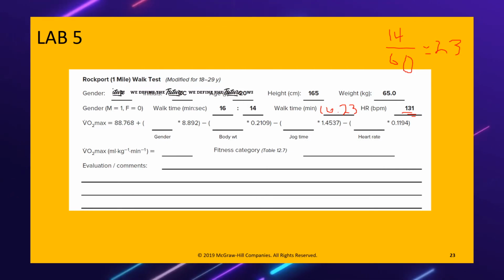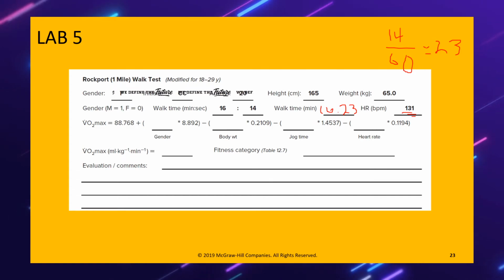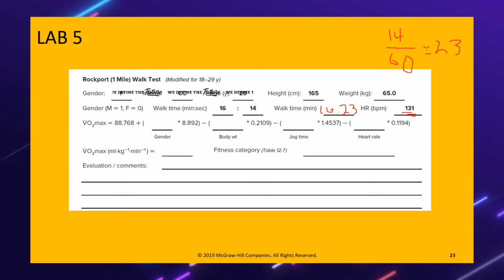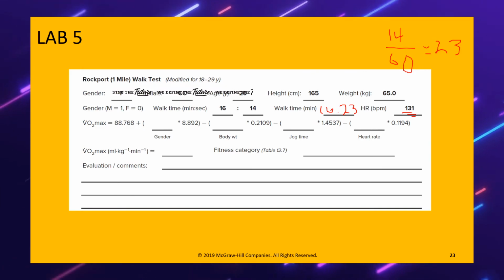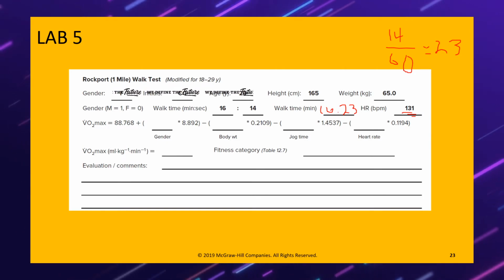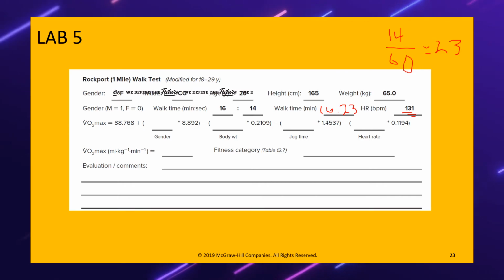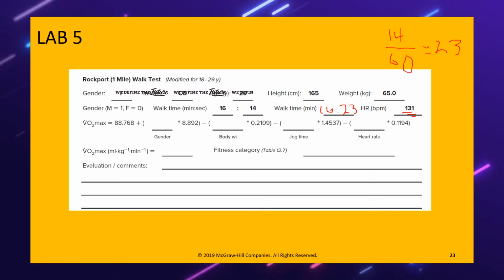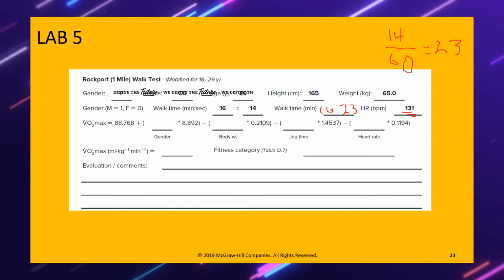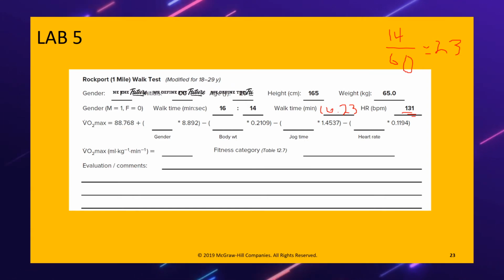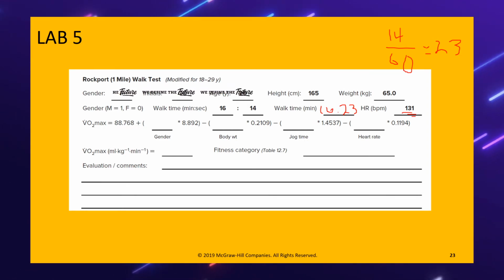Would it take you 16 minutes to walk a mile? From there, you have a metric you can base this off of. What about the heart rate? Same thing. Is it a high heart rate, moderate heart rate, kind of in the middle? This is not the highest heart rate out there, but it's definitely above resting, which resting would be somewhere between 60 to 100 beats per minute. This is 131. This person's moving at a moderate, good pace.